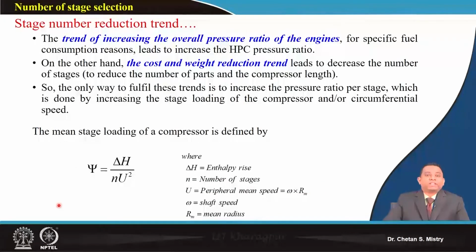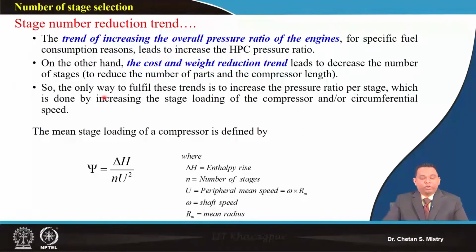So this is a trend. We are looking for a higher overall pressure ratio because we want a reduction in specific fuel consumption, and that leads to an increased HP pressure ratio. On the other hand, when we put cost and weight as constraints, the number of stages needs to be reduced because we are looking for a lightweight, compact engine.